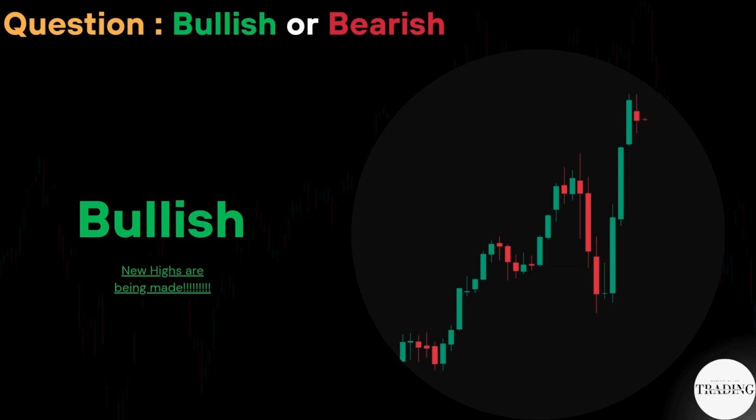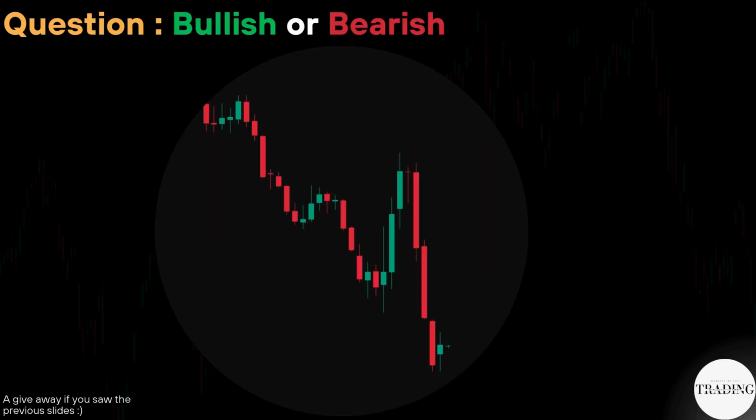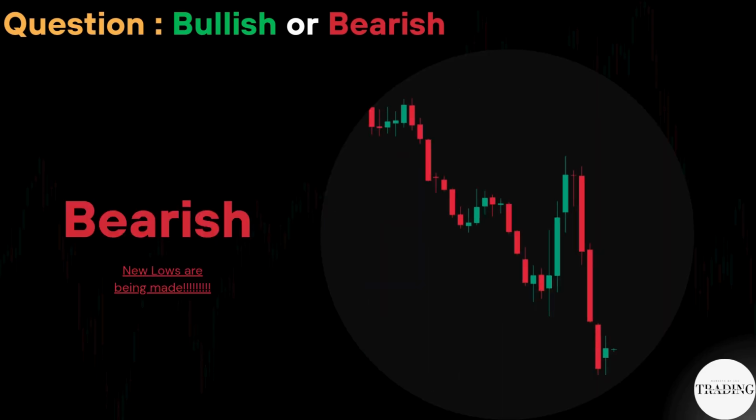Now, for those who didn't get this one right, you have a second opportunity here. What is this group of candles telling us about the structure? Again, I know you got this one right. It's telling us that the price has been bearish.